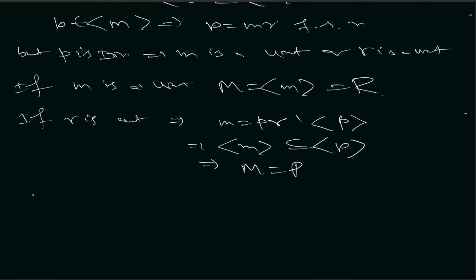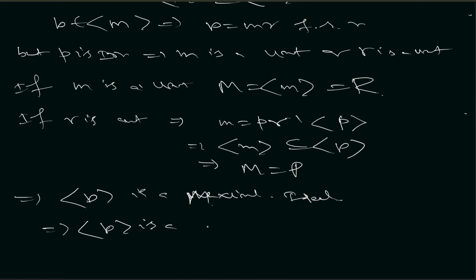So this implies that the ideal generated by p is a maximal ideal. This implies that it is a prime ideal, because every maximal ideal is prime. This implies that p is a prime element.